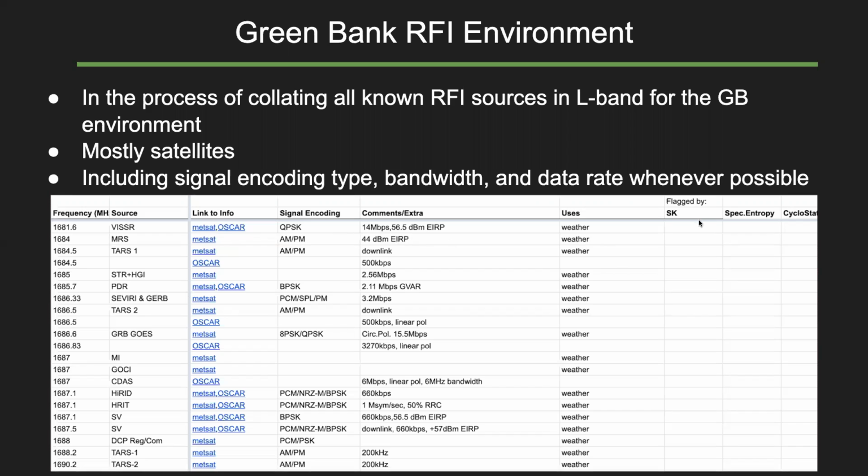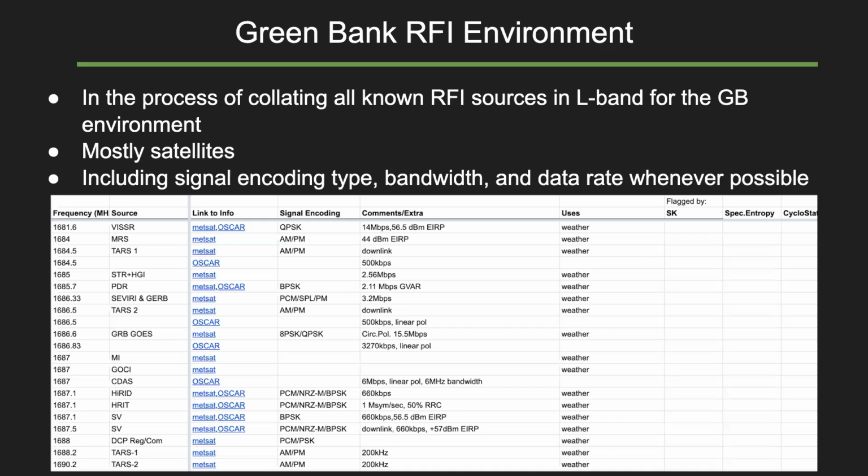Because I want to be able to eventually fill out this far side of the spreadsheet here and see what gets flagged by some of these various RFI mitigation techniques that I've been looking at and what doesn't.